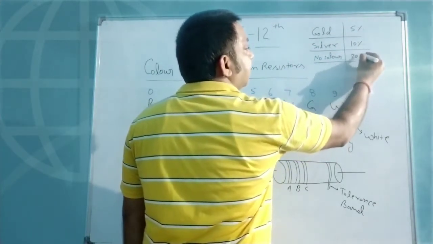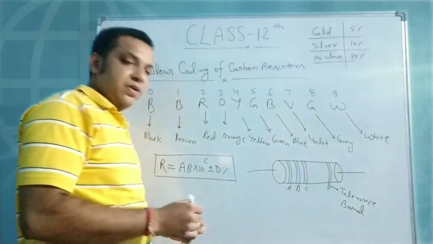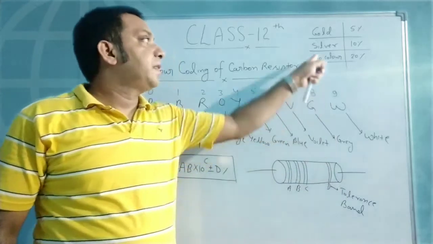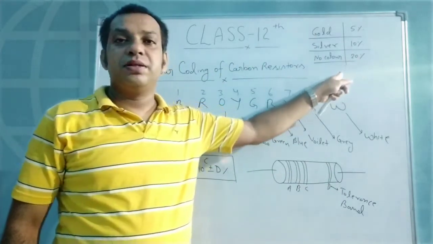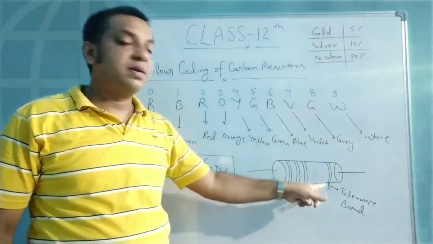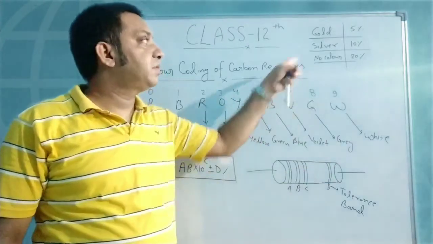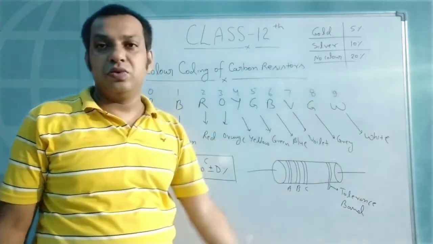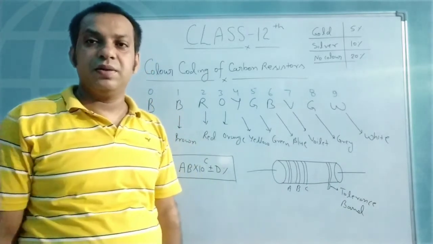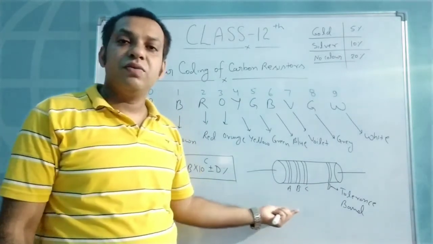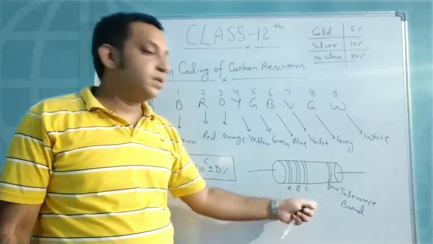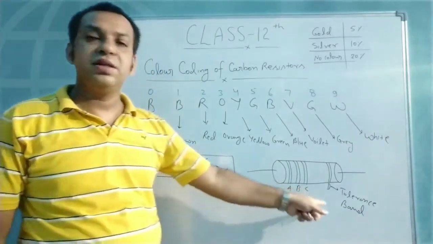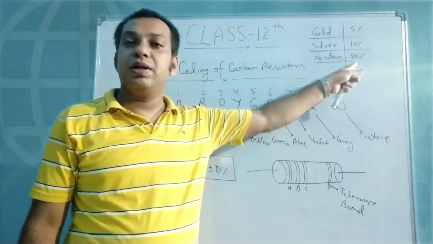And for no color, it is 20%. So the D, the fourth band, is always measured by this tolerance band chart. D is only three types: either gold, or silver, or no color. No color means the absence of color. That means in that rating only A, B, C is present, and D is missing. There is no color band D, which means the tolerance is 20%.